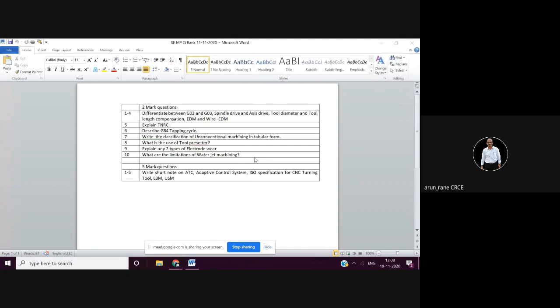So for limitations you can add that the first thing is that very high pressures in the range of 2000 bar to 4000 bar are required. So it is necessary to design and manufacture such a high pressure power pack. इतना आपका कैपेसिटी का पंप चाहिए, बराबर ना? पंप, then tubings, hosings, all these materials, even the tanks, should withstand this high pressure.